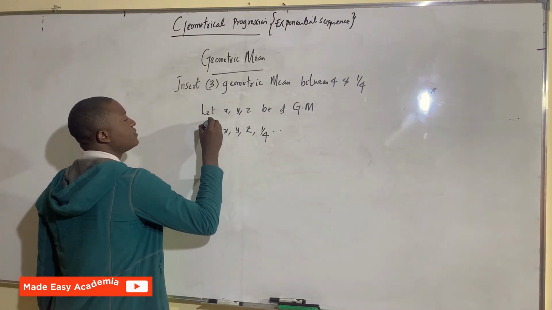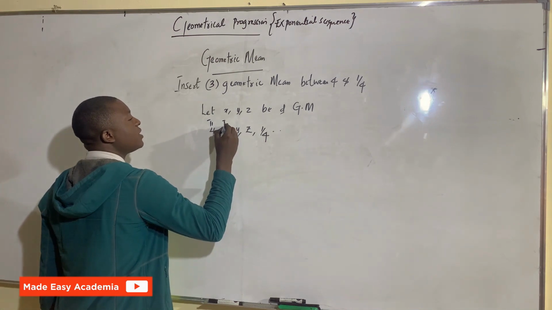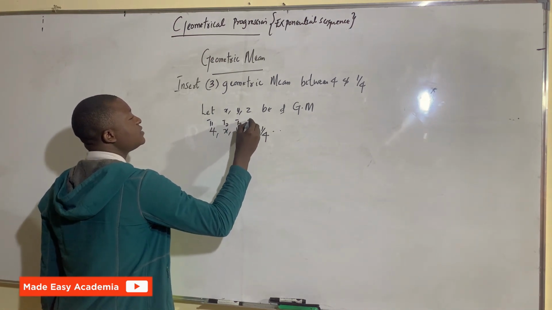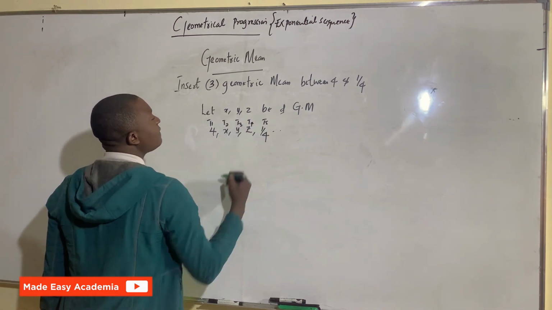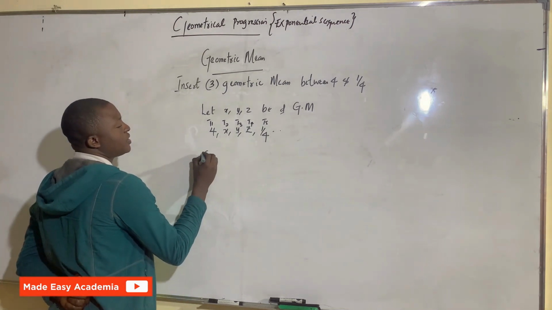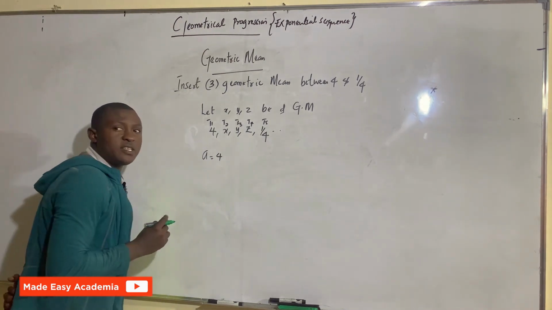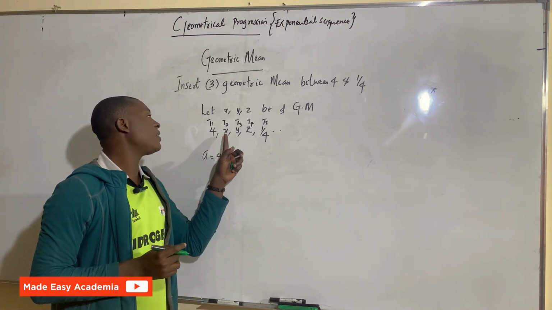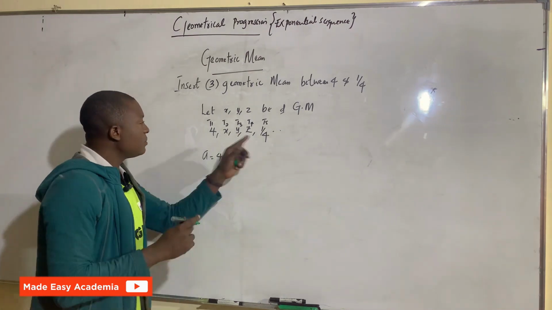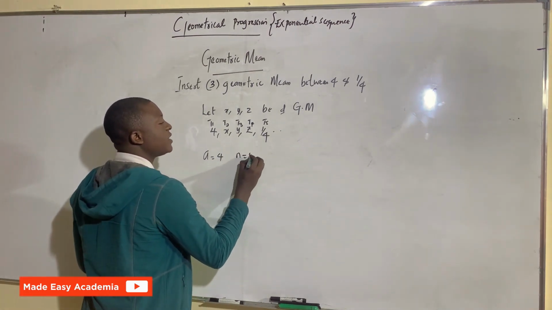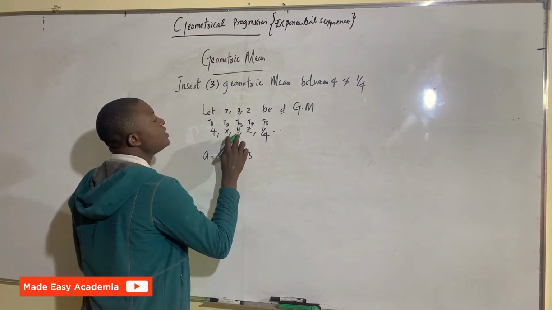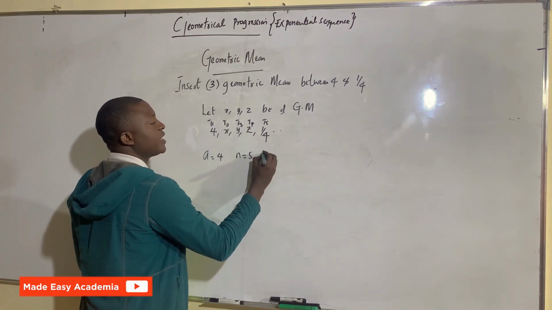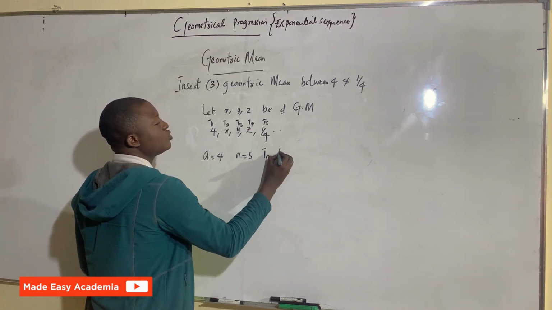So our first term, as usual, this is the second term, this is the third term, this is the fourth term, and this is our fifth term. My first term here is 4. The second term is in the form of an alphabet, not a number. But I have the number of terms to be 5. This is 1, 2, 3, 4, 5. At the same time, I have my last term to be 1/4.